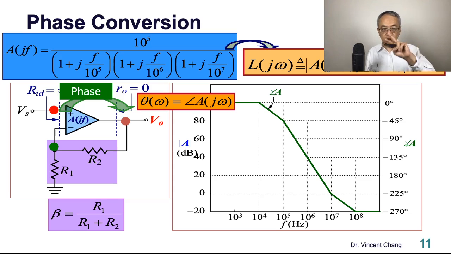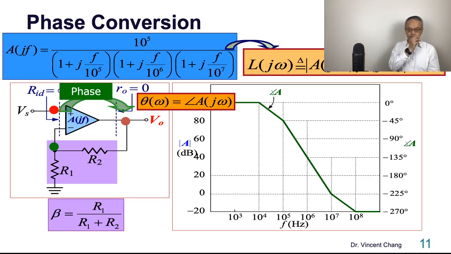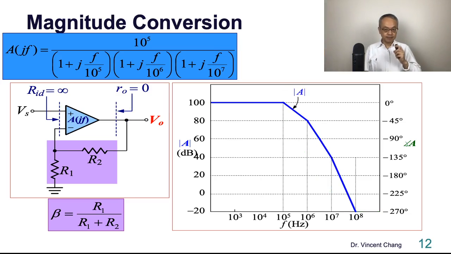So we don't need a conversion for the phase. They are equivalent to each other for resistive feedback. But we do need a conversion for magnitude.